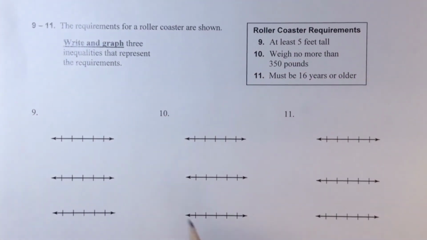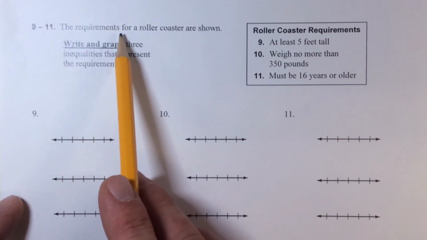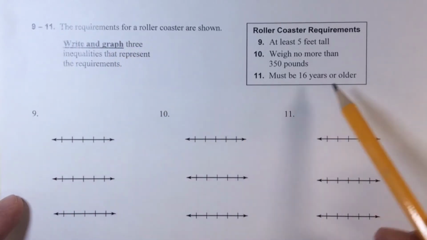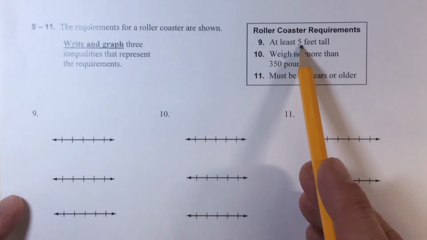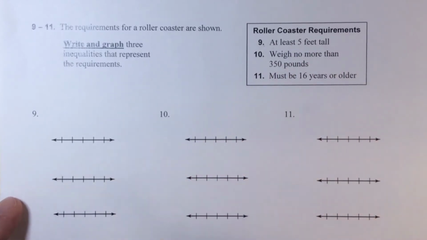And then here we have the following, the requirements for a roller coaster are shown. So for number 9, at least 5 feet tall. And then here are the graphs that I came up with for this one.